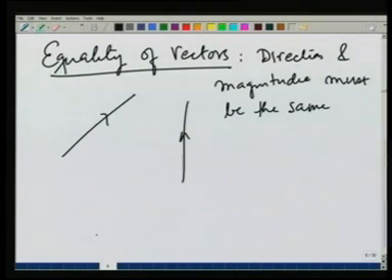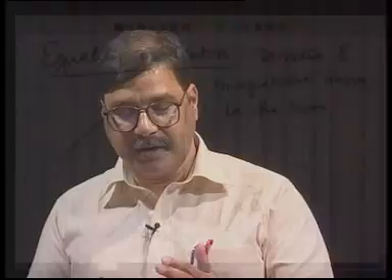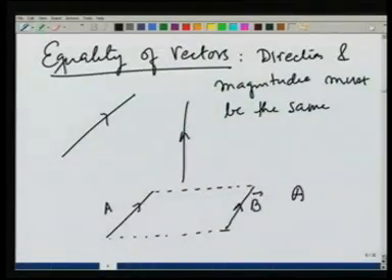Graphically, that means that if there is a vector A, another vector which is parallel to it and has the same magnitude, B is equal to A. So, I can have a vector parallelly shifted compared to A, but still it can be equal to A. So, in this case A is equal to B, because both of them have the same direction and the same magnitude.